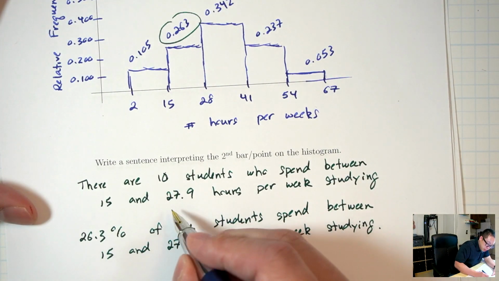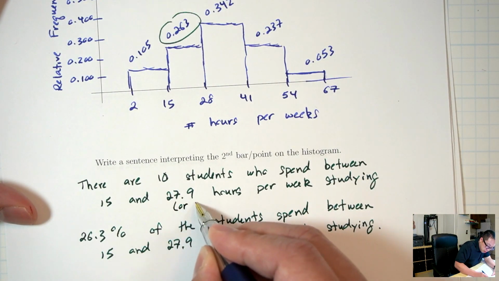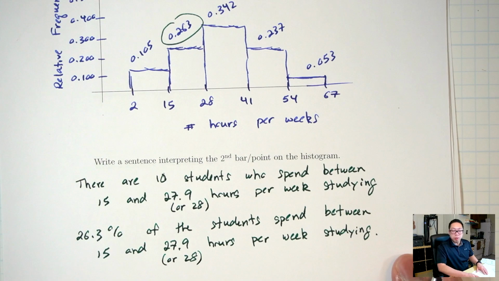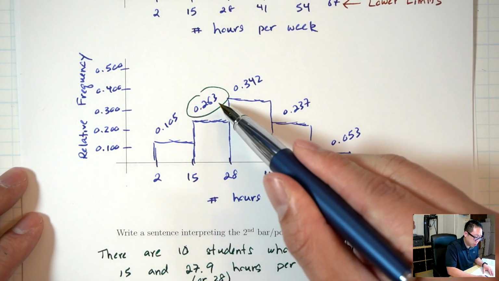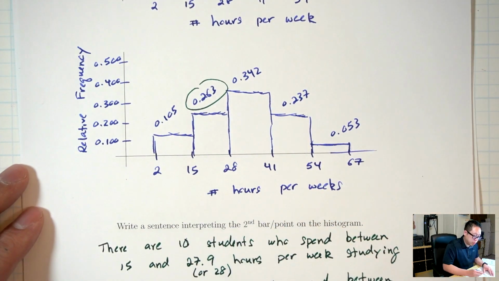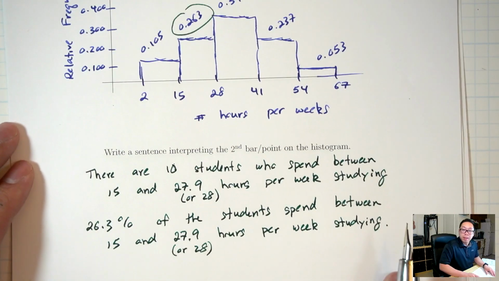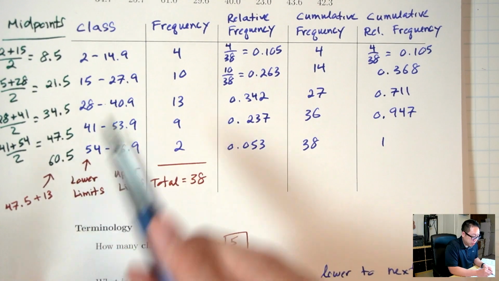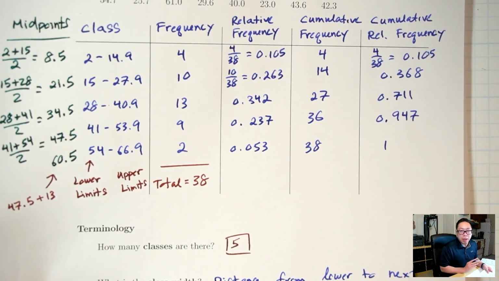Okay, so I'll accept 28 here also. So that's if you're just looking at the picture, that's 26.3% spend between 15 and 28 hours per week studying. If you're going by the table, it's actually between 15 and 27.9. So either way, I'm fine.